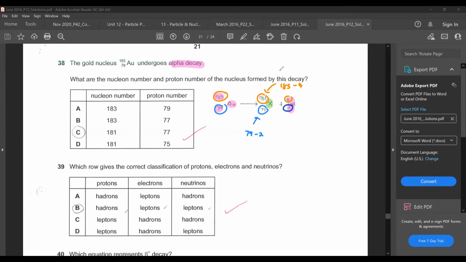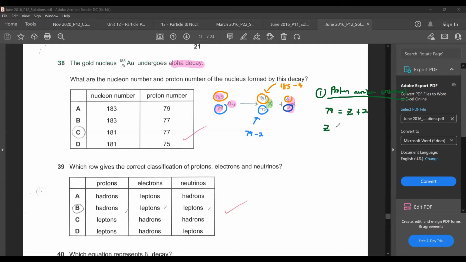The reasoning is because of something like this. I think I'll show you once now. If I tell you proton number is conserved, it'll be 79 equals Z plus 2.